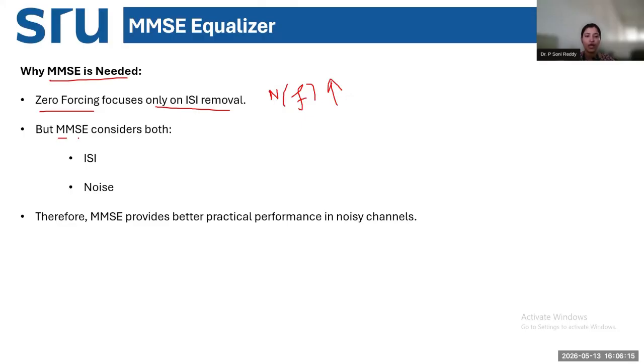So MMSE has to overcome both the ISI effect as well as the noise effect. It performs better in a noisy channel, whereas zero forcing performs better in a noiseless channel. So this is the condition: zero forcing is useful in noiseless channels, but in a noisy channel we would prefer to use the minimum mean square error equalizer.